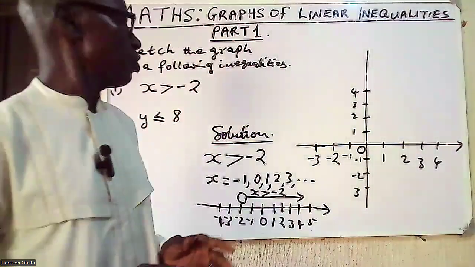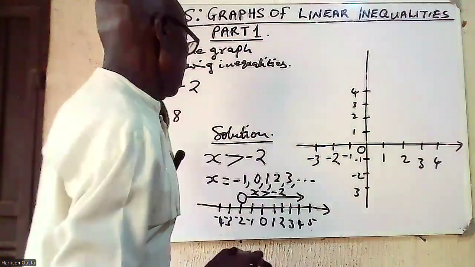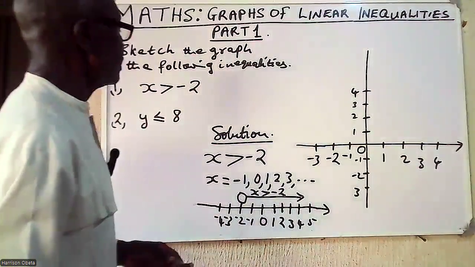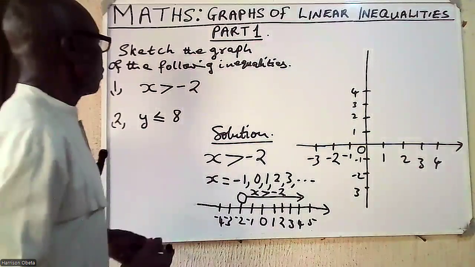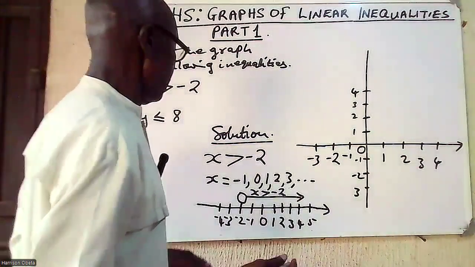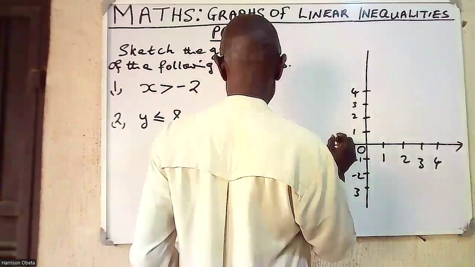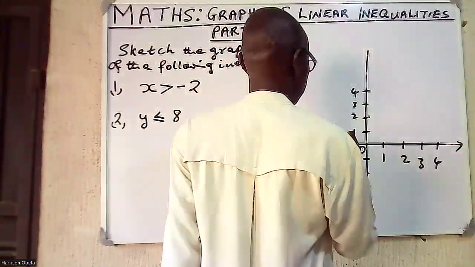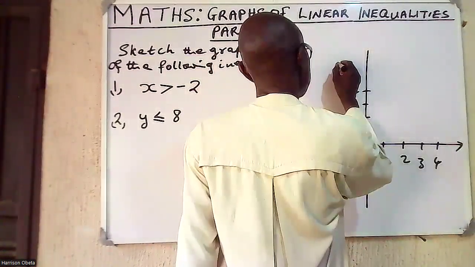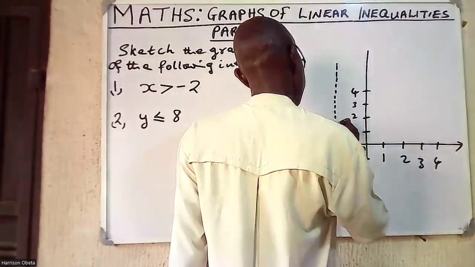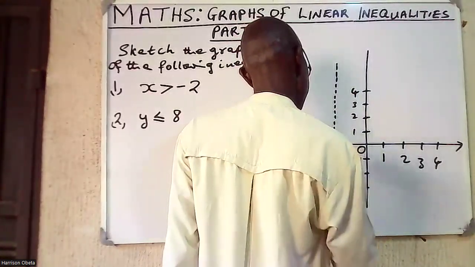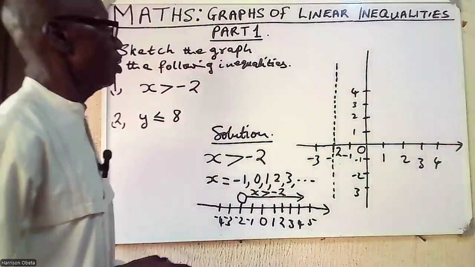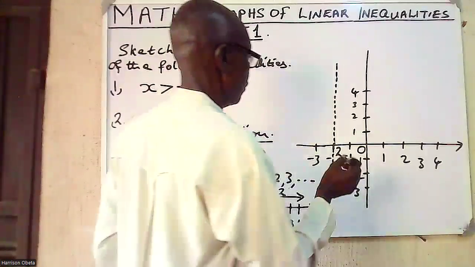So for us to now indicate the region, or for us to plot this on this graph, remember that x must take values from -2. -2 is not there. So draw your line, and the line must be broken line. It's broken line because -2 is not part of it.